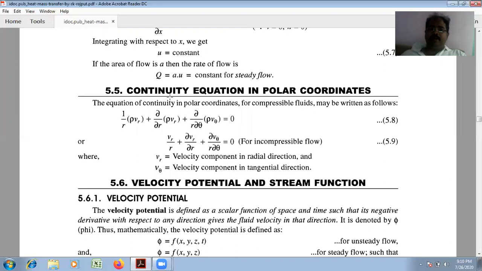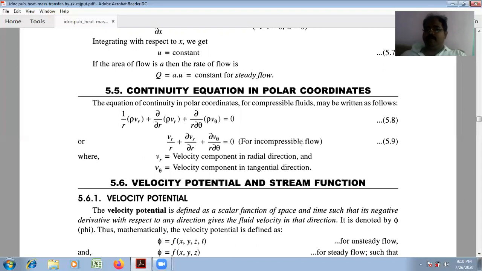Then the continuity equation in polar coordinate system. In case of polar coordinate system, it is written as 1 by r del upon del r of rho into Vr plus 1 by r del upon del theta of rho into V theta is equal to 0.